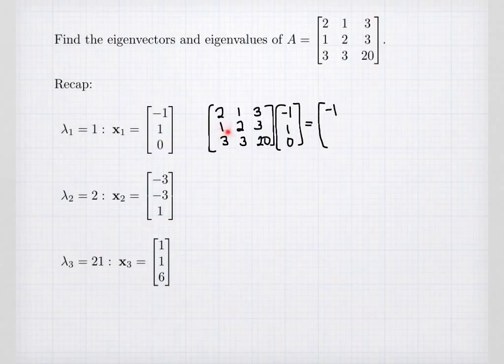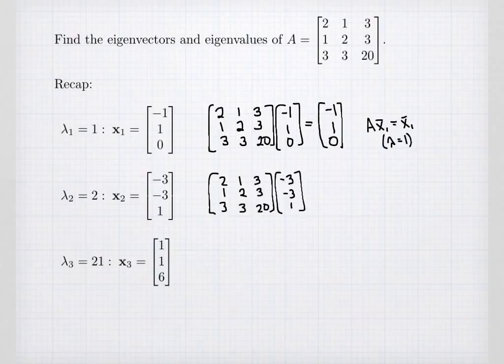I now go along the second row, 1, 2, 3, times our column, we get negative 1 plus 2, that gives me 1. And then I go along my third row, 3, 3, 20, times my column, I get negative 3 plus 3, that gives me 0. And so what I find is A times this vector equals our original vector, and that's exactly what it means to say we have an eigenvalue of lambda equals 1.